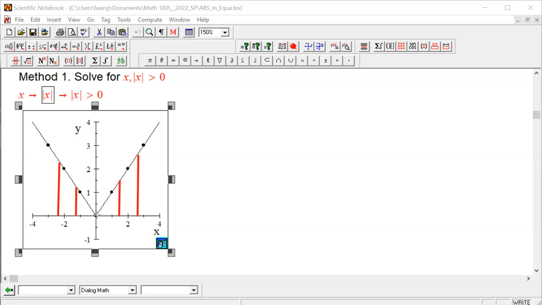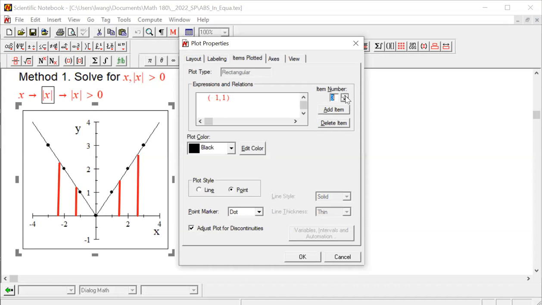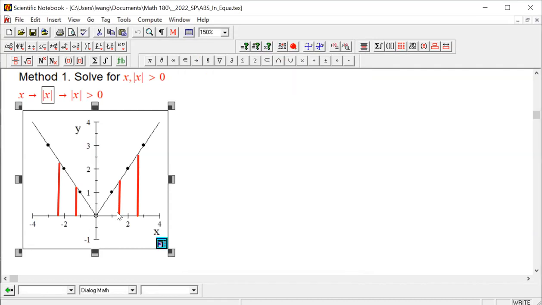In this picture, every input but 0 guarantees the output is positive. Therefore, we just have to turn this dot at 0 into a circle, meaning the rest of the inputs will be solutions.